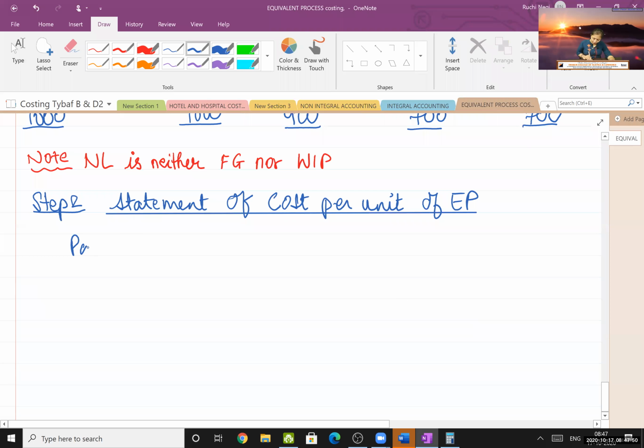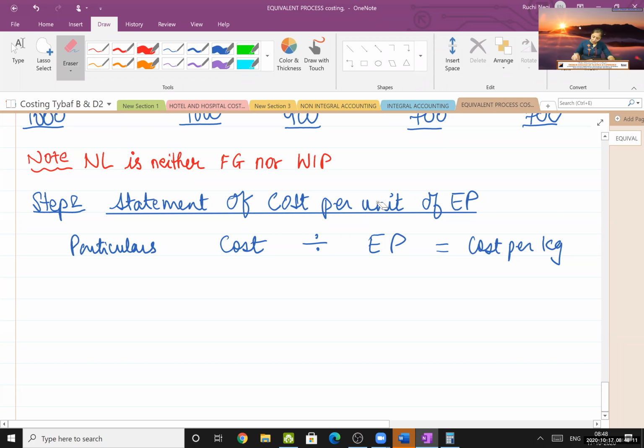Particulars. Then your cost. Then you have to divide this by your equivalent production. Then you will get cost per unit or cost per kg. You can replace this word, because here the quantum used is kgs.